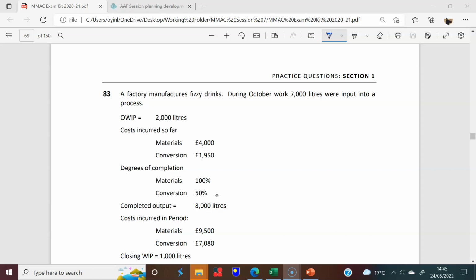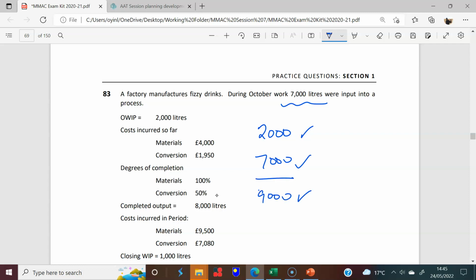You're making these fizzy drinks, and you have this opening work in progress, not quite finished goods, of 2,000 liters. They're partially finished. During the week, I start working on 7,000 liters, but my aim is to arrive at 7,000 complete liters, hoping in the end to have 9,000 complete liters.